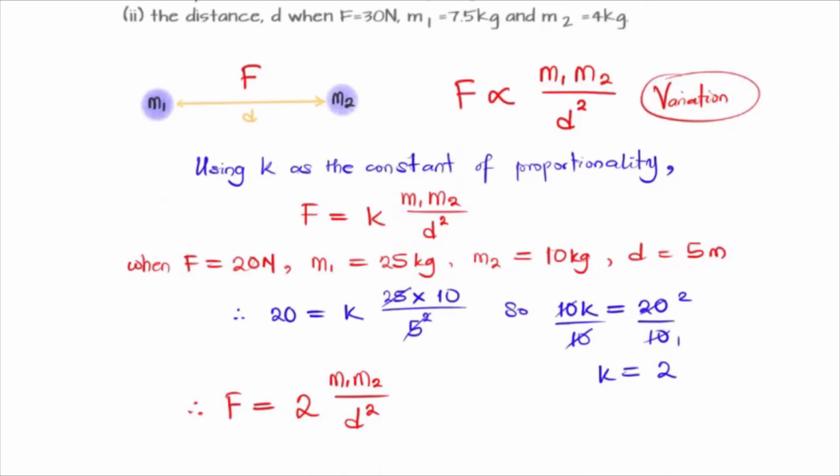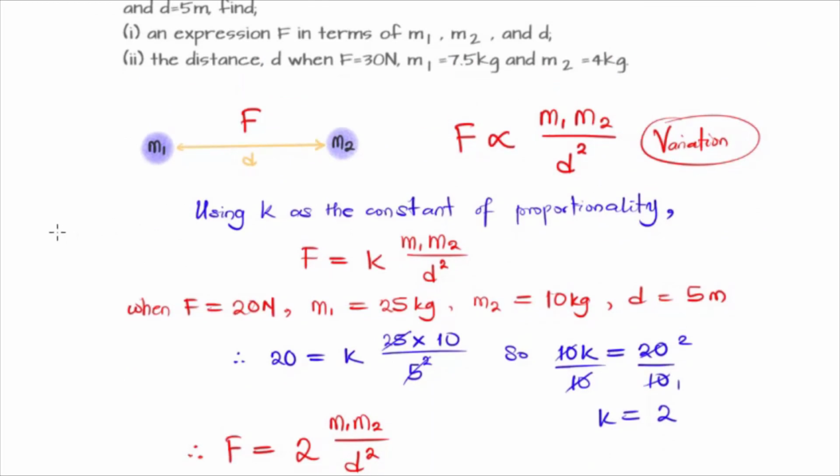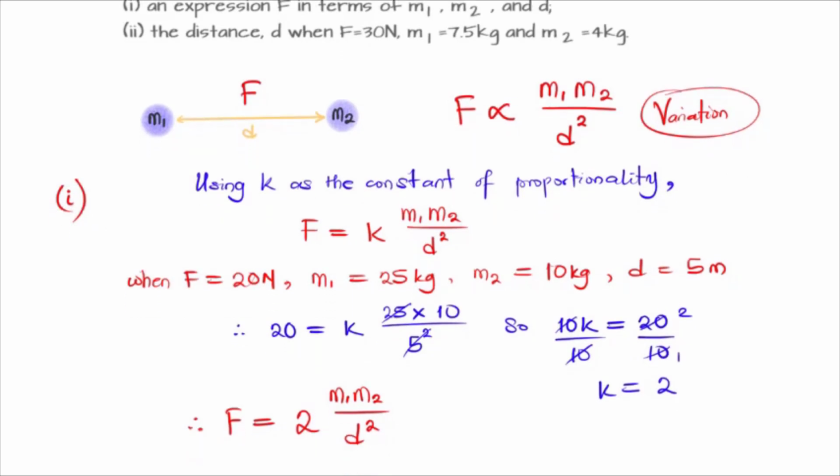Now, this is question 1. Then, in the second case, we are asked to find the distance when the force is 30 newtons, m1 is 7.5 kilograms, and m2 is 4 kilograms.